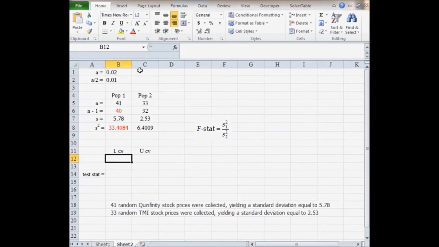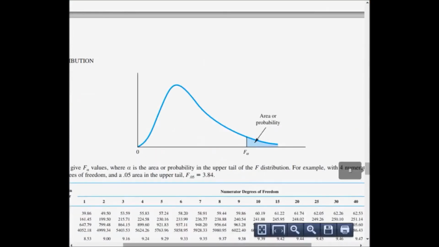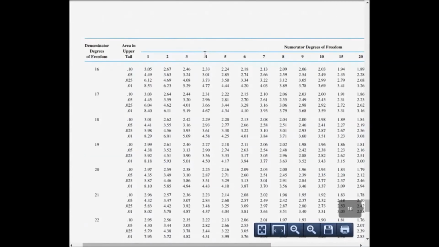To get the upper critical value of the test, we have to go to row 32 and column 0.01. Here's the F table.